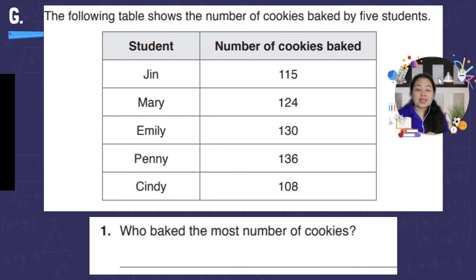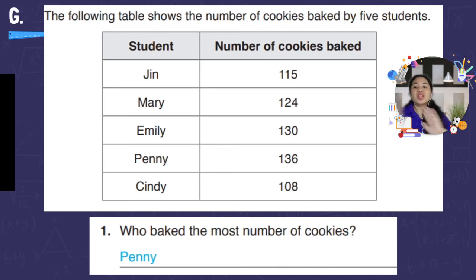Who baked the most number of cookies? So which one is the largest? 115, 124, 130, 136, 108. So which one is bigger? Okay, so that is Penny.